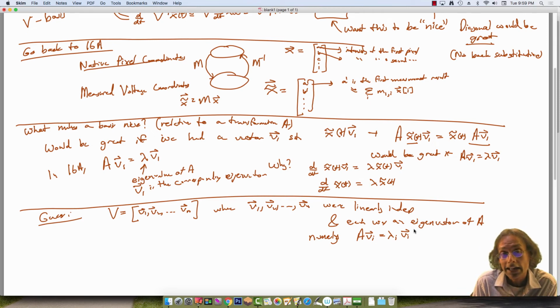So this says if I can find a bunch of eigenvectors that form a basis, that might be a very nice coordinate system to look at.